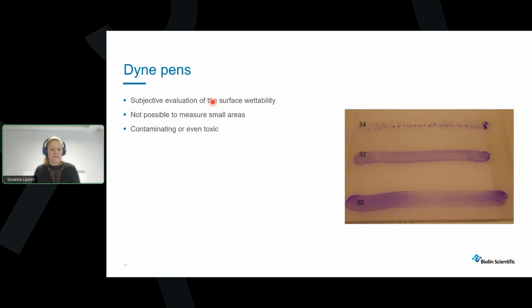So very often the surface areas that you want to evaluate are much smaller than what is needed for dyeing pens, but then also dyeing pens and inks are quite contaminating, or they can even be toxic. So this is the reason why a lot of people are turning from dyeing pens to something else.